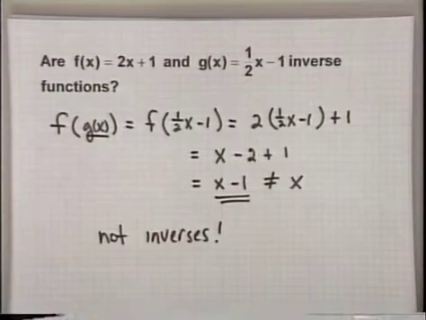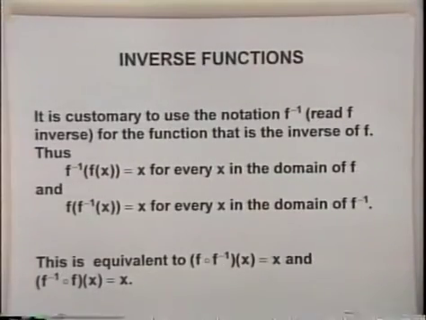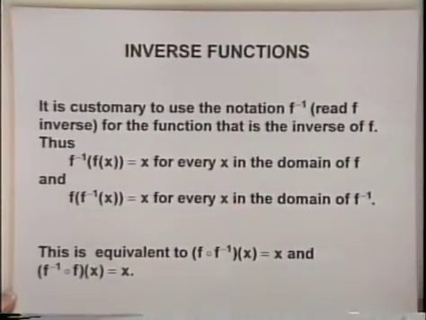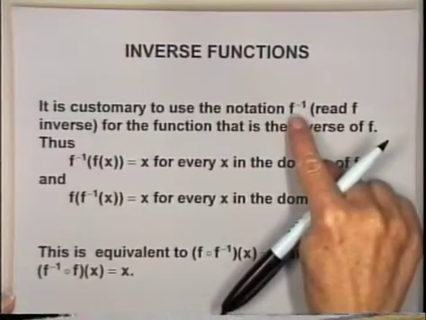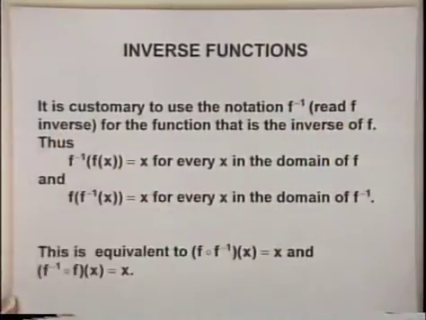When we have inverse functions, we have a special notation that we use. Let's look at this definition for inverse functions. It is customary to use the notation, this is read f inverse. That looks like f to the negative 1 power, but notice how we read it, f inverse.